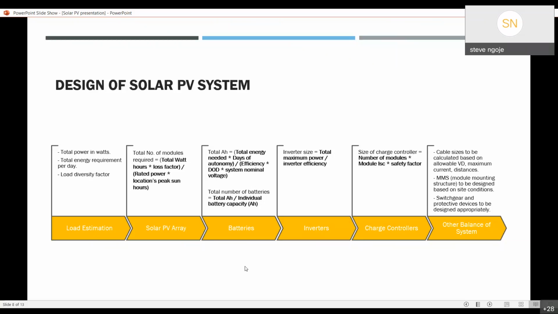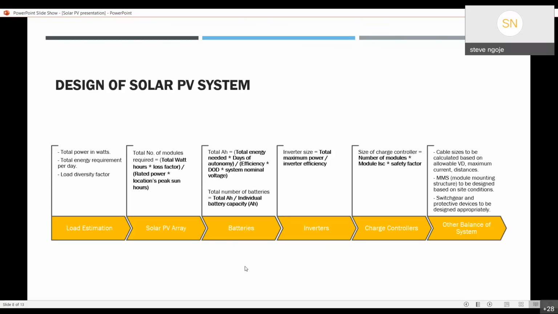For the charge controllers, it's now back to your number of modules times the short circuit current of the modules, because that's the maximum current you can get from a module, the Isc, times again a safety factor of 1.2 to around 1.3. This will give you the size of your charge controller.